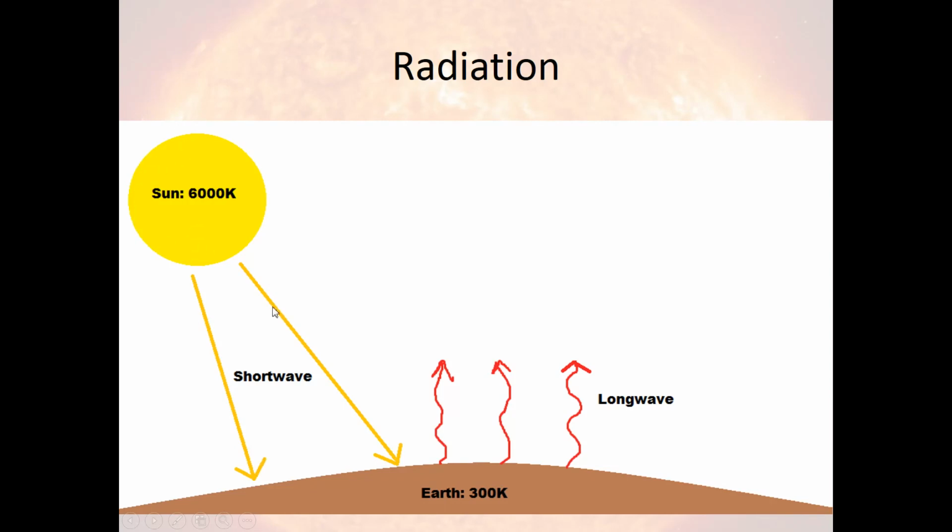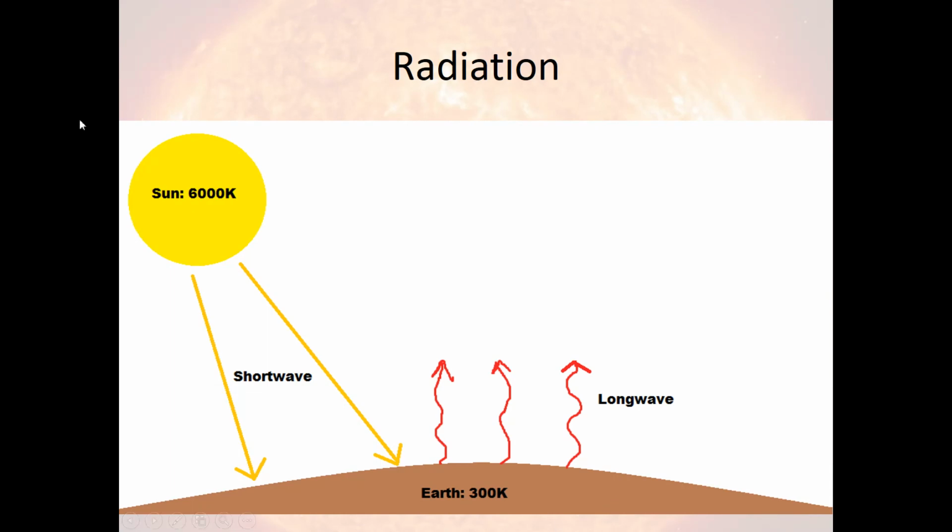Now, as our Earth absorbs this radiation, the temperature of our Earth warms up. Now, per the Stefan-Boltzmann law, the warmer an object is, the more radiation it gives off. So as the Earth absorbs heat from the sun, the Earth begins to give off additional longwave radiation.